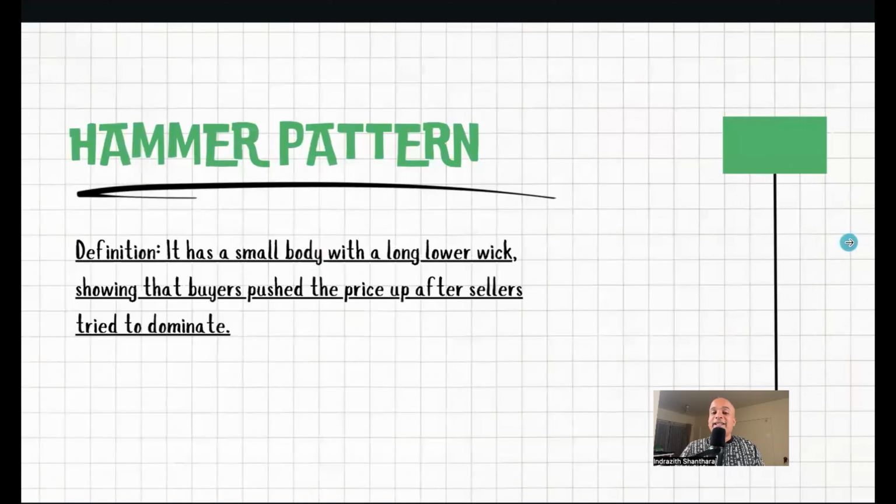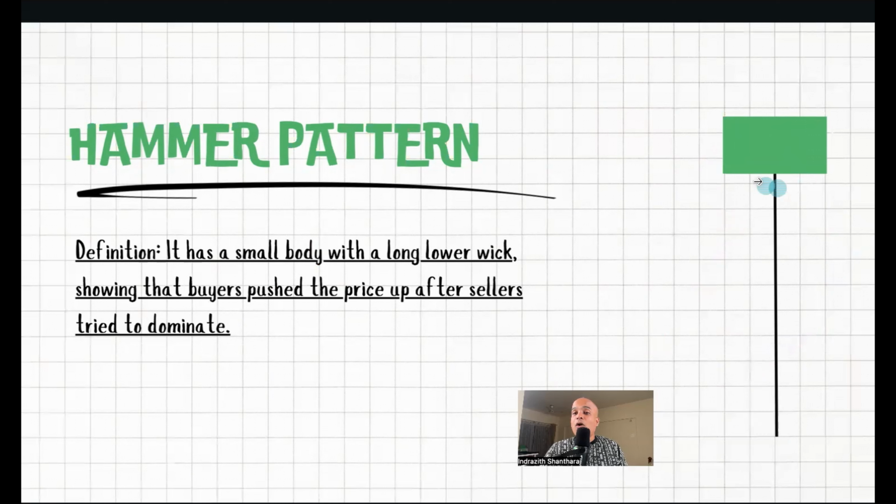Okay, now let's continue with the candlestick patterns. The next one is the hammer pattern. The hammer pattern will have a small body and the wick should be more than 2 to 3 times the body. Compared to this body, the wick should be more than 3 times. What this indicates is price opened here, sellers pushed the price towards the downside.